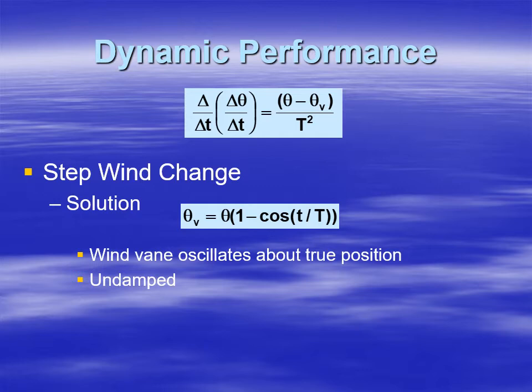In other words, what happens is the wind vane will initially change in the direction of the true wind, the new wind direction, but then it overshoots it and continually oscillates about that new wind direction. And the oscillation does not change. In other words, it continues on forever as long as the wind speed and direction is the same. We call this an undamped solution.